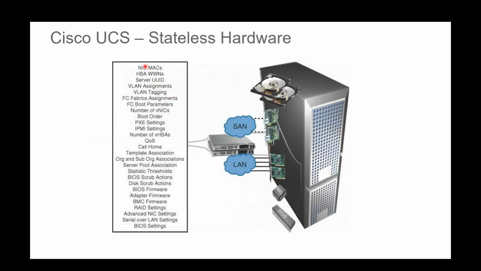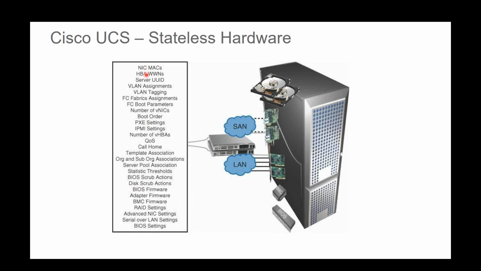With UCS, we have not just the NIC MACs, but the amount of NICs, the WWNs on the HBAs, the BIOS settings, BIOS firmware. So say if you need different firmware versions for different operating systems, stuff like that. Even the number of NICs.